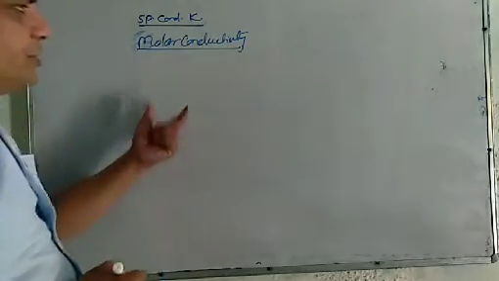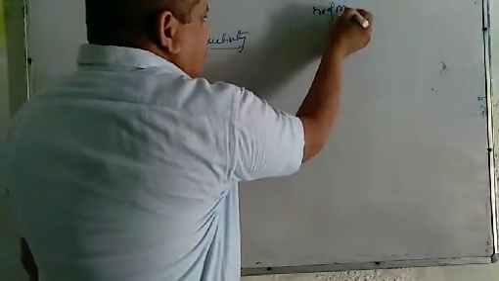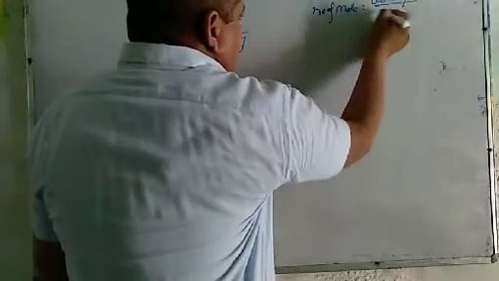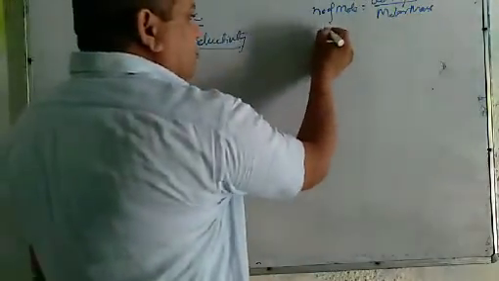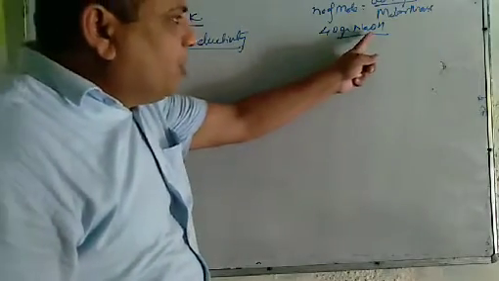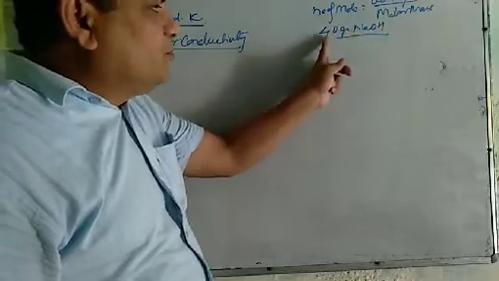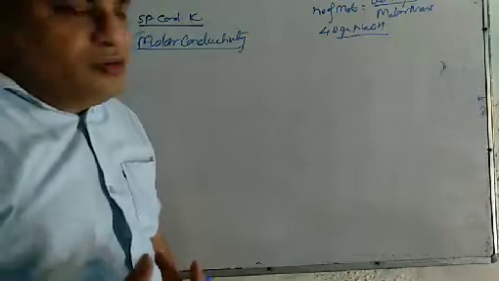Molar conductivity is related with moles. As you know that number of moles is weight in grams upon molar mass. So, if you take 40 grams of NaOH, since molar mass of NaOH is 40, so if you take 40 grams of NaOH means it is 1 mole.